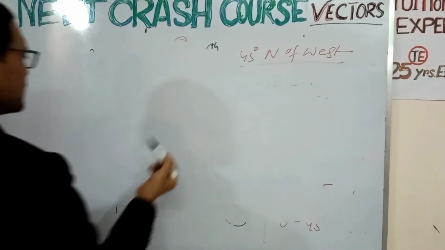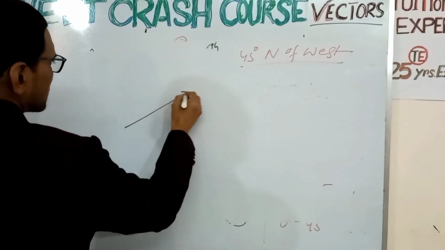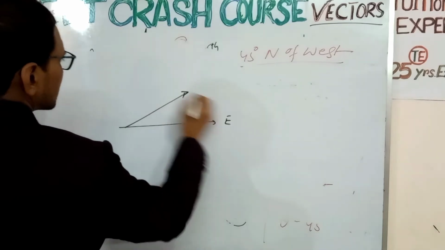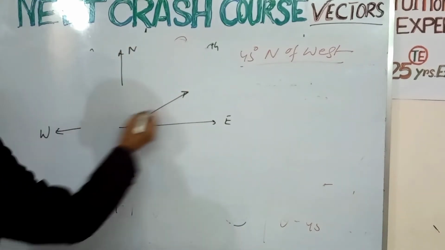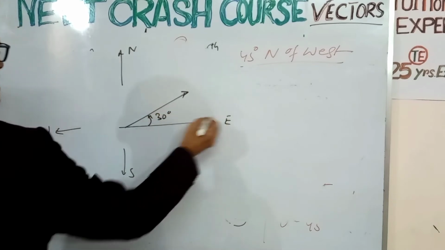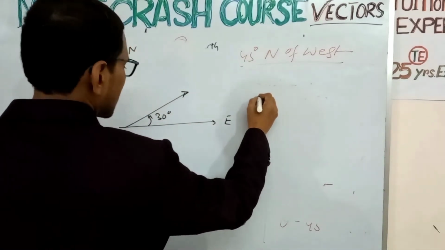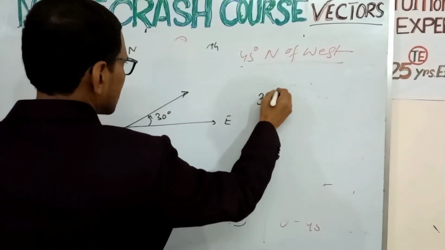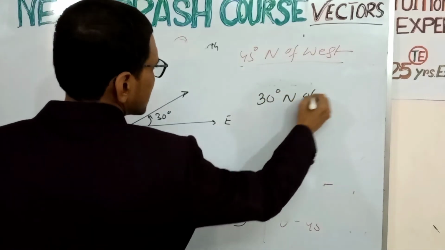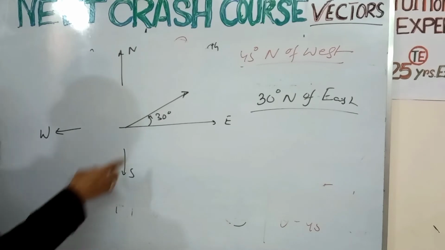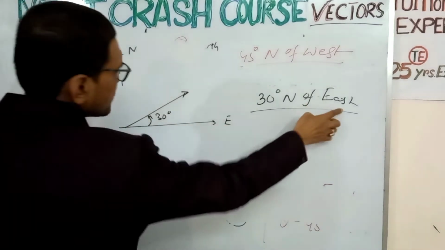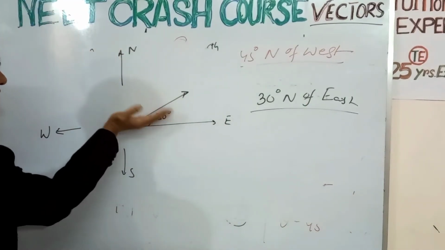Suppose this is the east direction, this is north, south, west. If a particle makes 30 degree with east, then we can write the direction as 30 degree north of east. So the "of east" means the vector makes an angle of 30 degree with east.